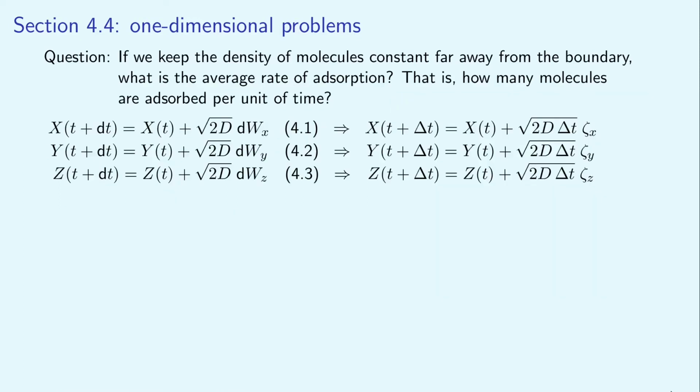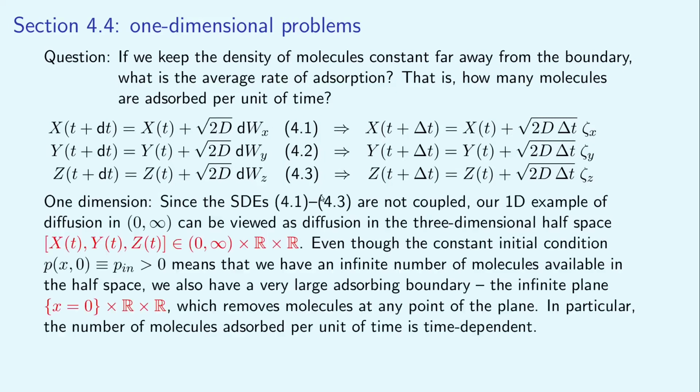To understand this behavior, let us note how the one-dimensional model was obtained. We considered the full three-dimensional model, describing all three coordinates x, y, z by equations for 1, for 2, and for 3. In particular, our one-dimensional example of diffusion in the half-line interval 0 infinity can be viewed as diffusion in the three-dimensional half space.